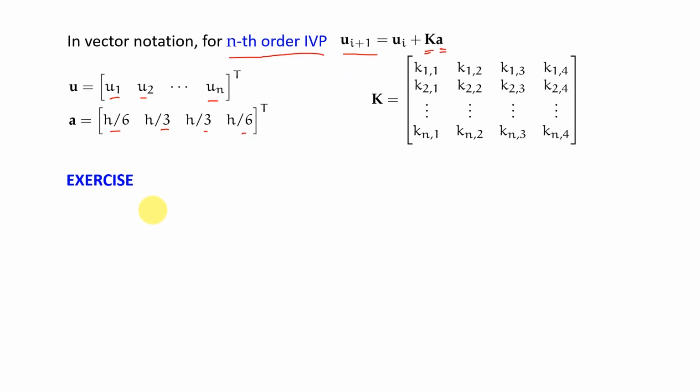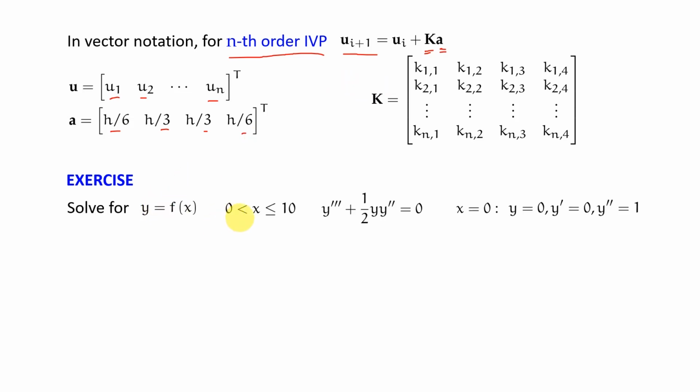You can now try a simple exercise. Some of you may be familiar with this sort of equation from fluid mechanics. Here I take this equation at x equal to 0. We have y equals 0, y prime equals 0 and y double prime equals 1. And then I have y triple prime plus half of y double prime equals 0.